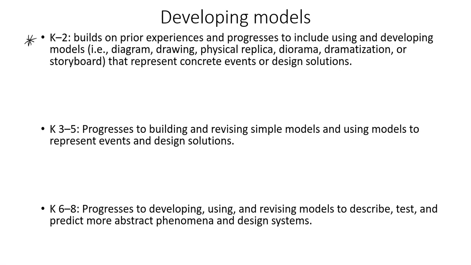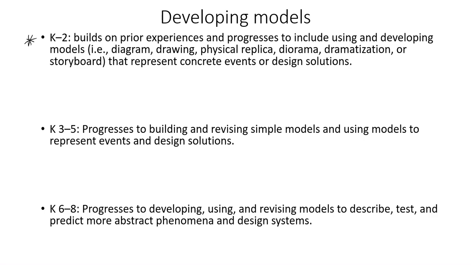Things like, they see a tree, can you draw a tree? They see a car, can you draw a car? So these are simple models of things that they see, replicas. Or they can dramatize something, make a story.